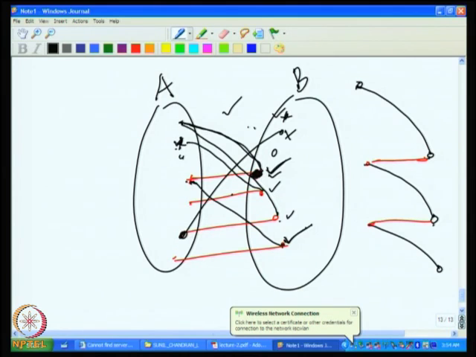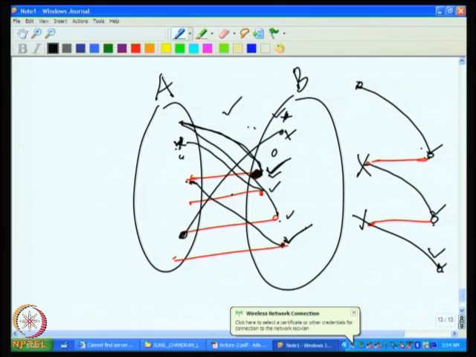Carefully looking, you can see that whenever I have an alternating path ending at a vertex of B, I will have to select this, because this is to be selected, then this cannot be selected, this is to be selected, this cannot be selected, and this is to be selected then.